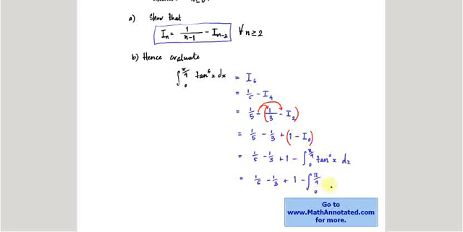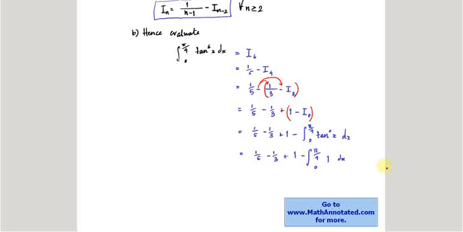The integral of 1 dx is simply going to become, when we integrate it, just x from 0 to pi on 4, and of course this is assuming you know how to do basic integration.